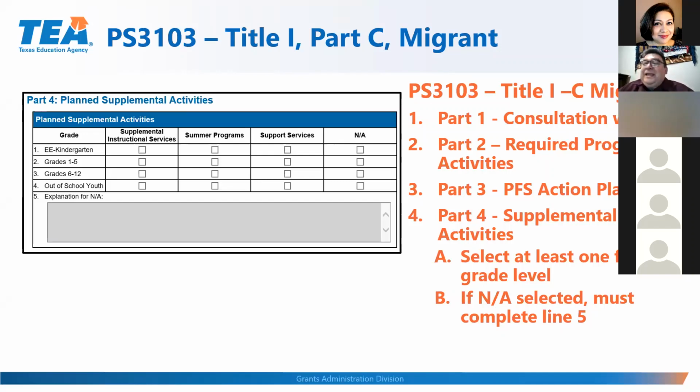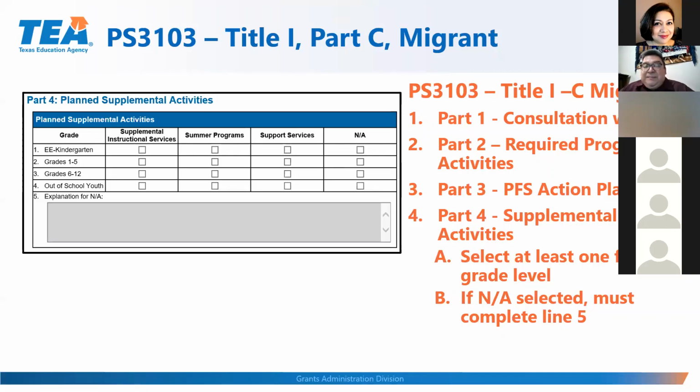But if the date of consultation is planned for sometime during the summer, you can put a July date even though you're submitting it June 30th, as long as it's prior to the first day that you're going to be starting classes with these students. And the system will let you put it in up until the date of September 3rd, which is when the due date for these applications is.